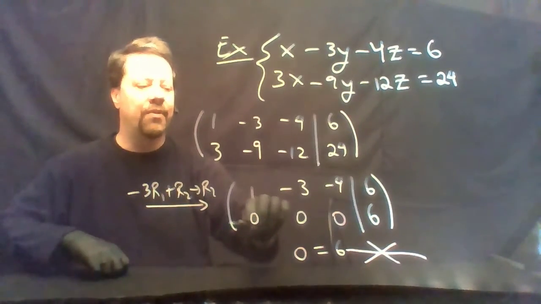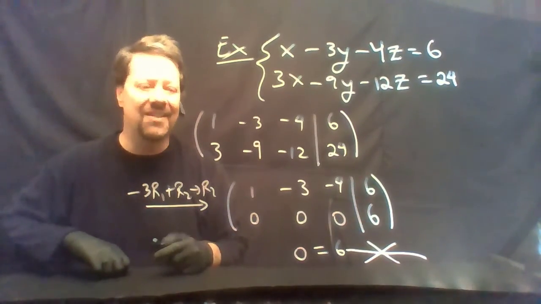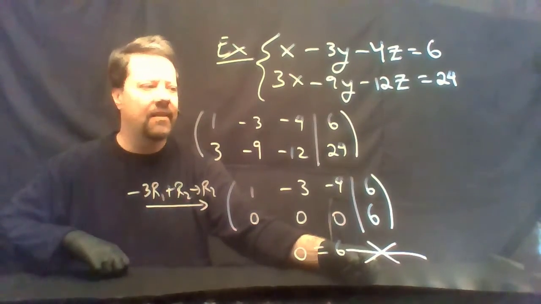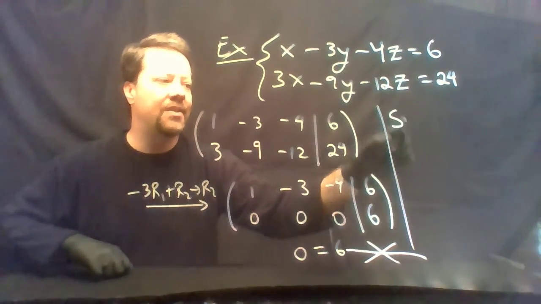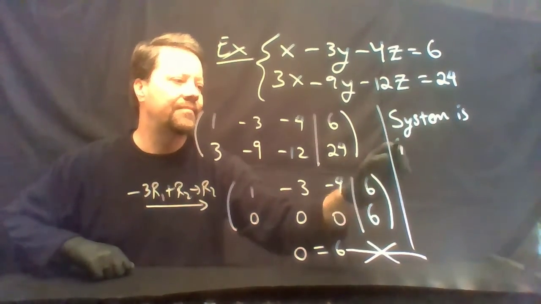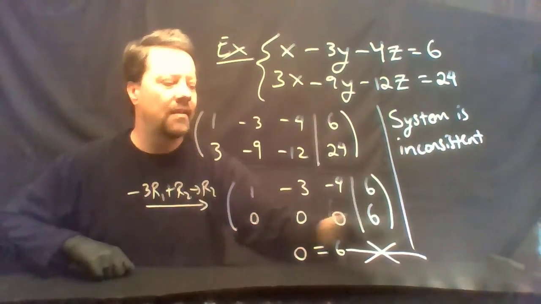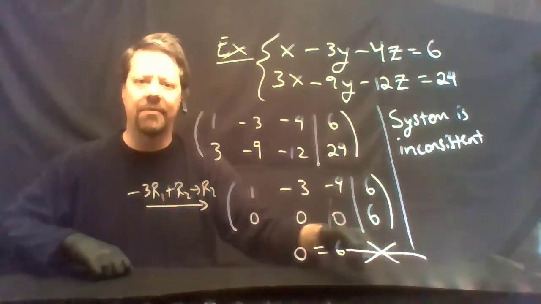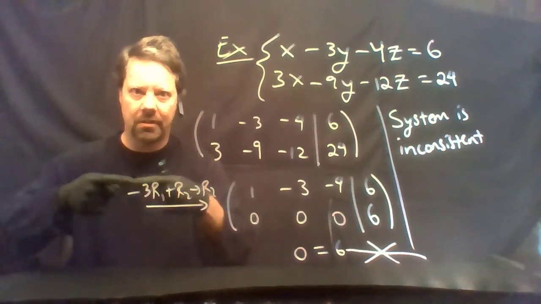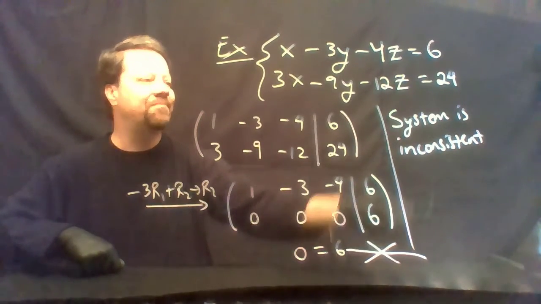Whenever you get a row that's zeros except for the last entry and the last entry is non-zero, that represents a contradictory equation. The system is said to be inconsistent. This, by the way, is the symbol for a mathematical contradiction. It's two arrows colliding, two things that are not consistent with each other.